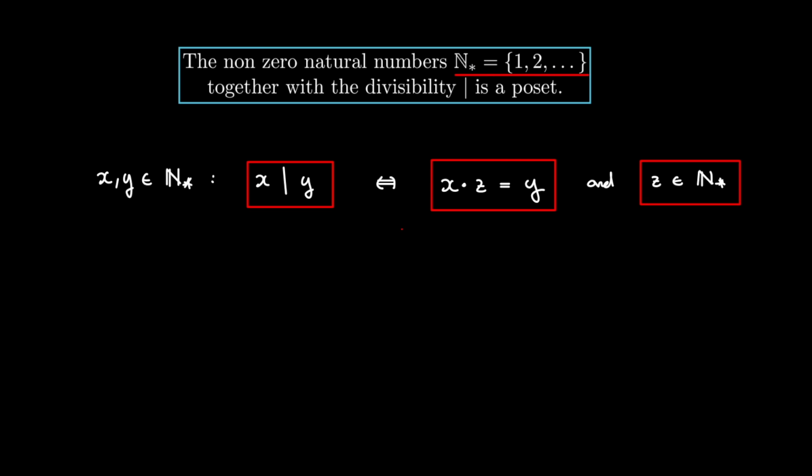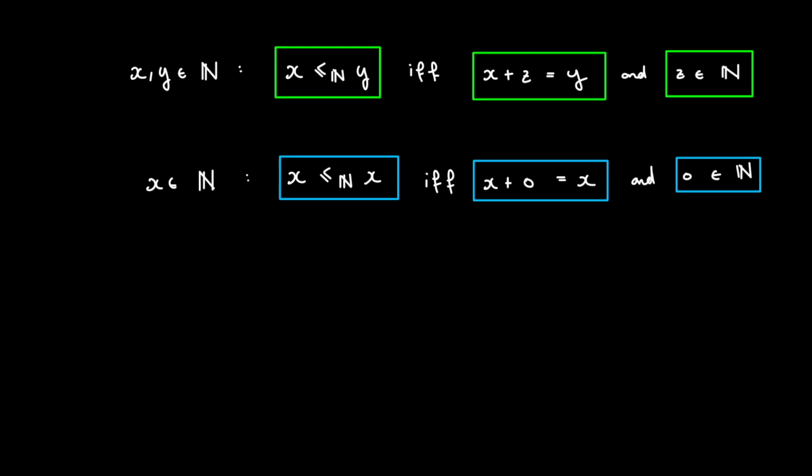But let's compare this description of the divisibility relation with the lesser equal relation from earlier. If we go back for a second, you'll see the way that we defined the lesser equal relation was in terms of addition, and that's just given here. It looks very similar to how we define the divisibility relation.